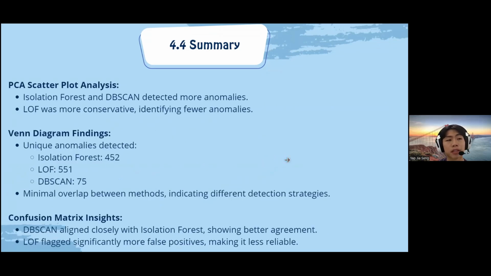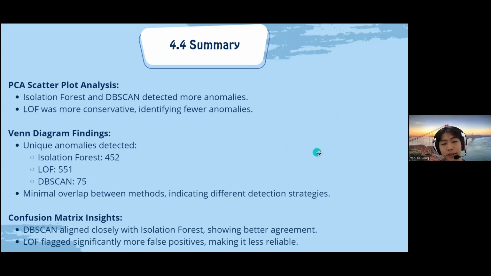And the PCA scatter plot analysis shows that Isolation Forest and DBSCAN detected more anomalies, while LOF was more conservative, identifying fewer anomalies. For the Venn diagram findings, the unique anomalies detected are 452 for Isolation Forest, 551 for LOF, and 75 for DBSCAN, with minimal overlap between the models, indicating different detection strategies.